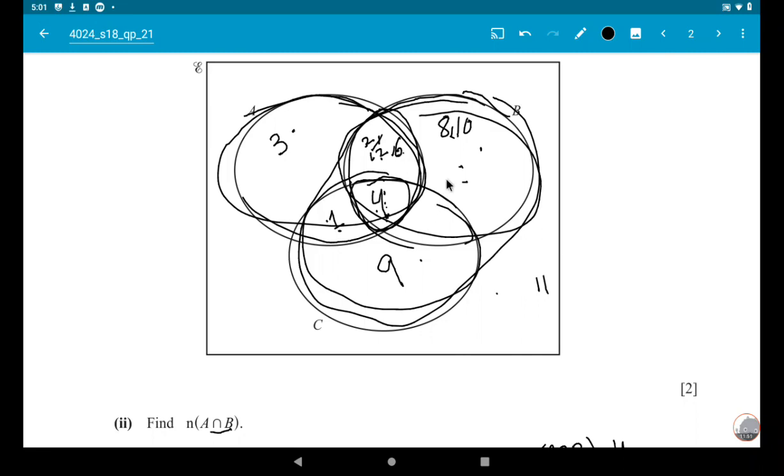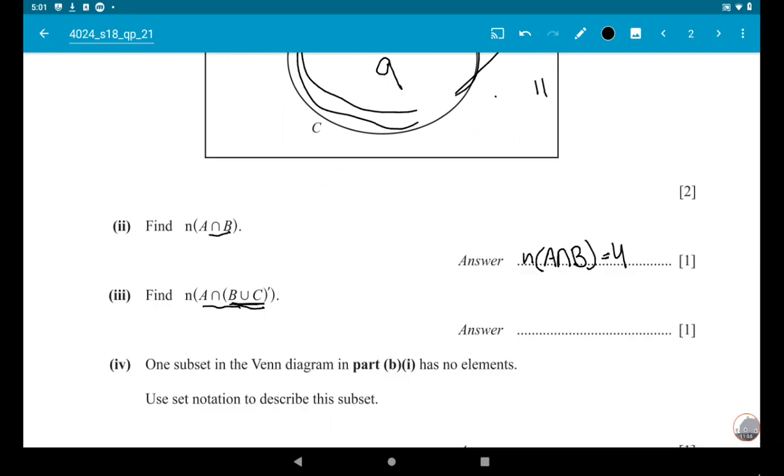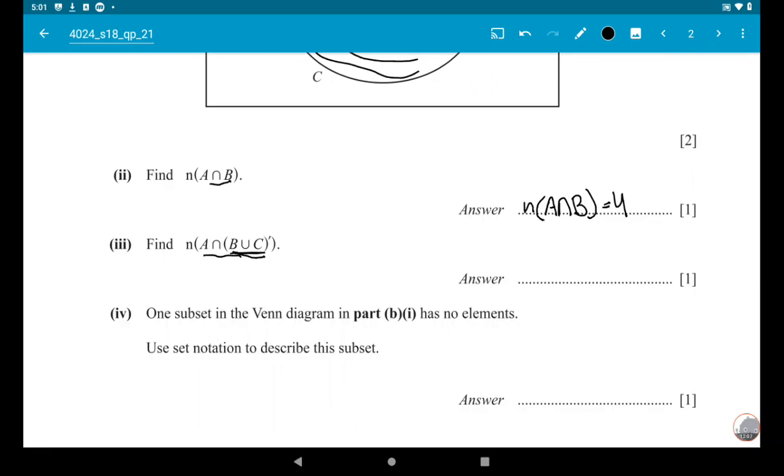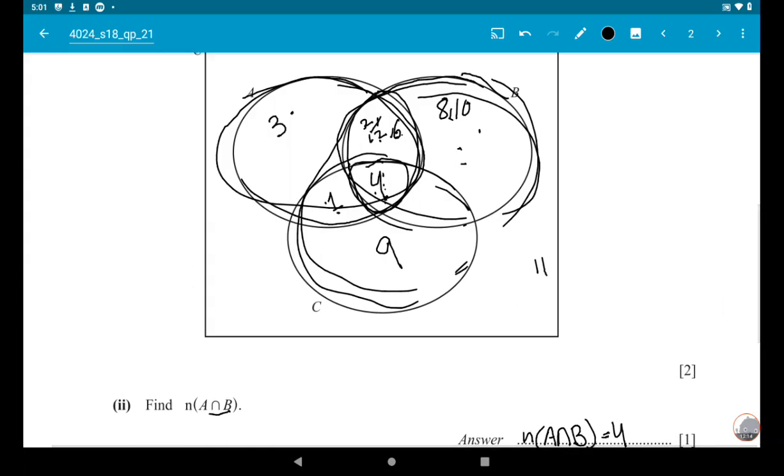So B union C, their complement means we will remove all these numbers, right? And now the left number is, so what is left is the number of A intersection B, this one. So we remove all this, and here was 5, 7 and 11.